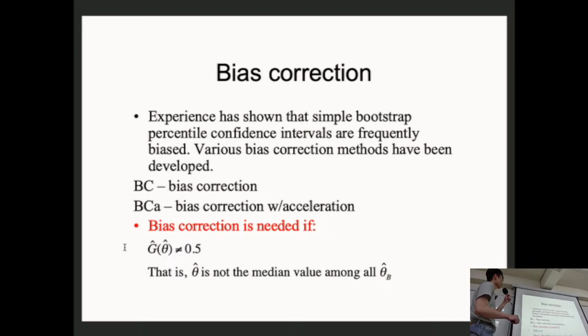The bias correction is needed if G of theta hat is not equal to 0.5. Here, theta hat is calculated from your real data. If the real data is not exactly at the median, then you need a bias correction. Okay.